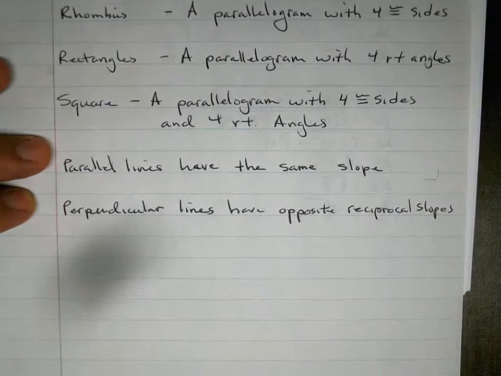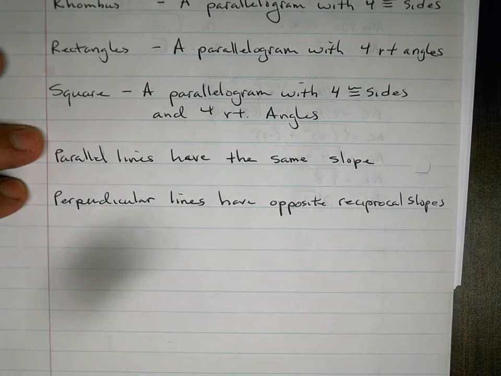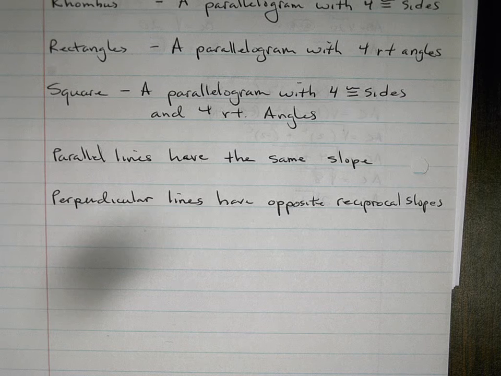Perpendicular lines have opposite reciprocal slopes. Perpendicular lines have opposite reciprocal slopes.